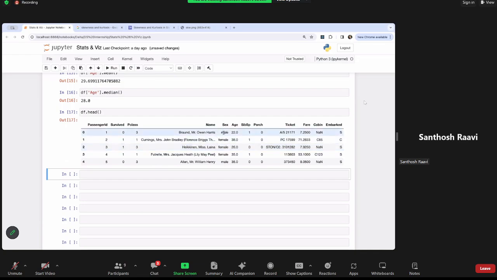Similarly here, sex is a categorical value, you are having the alphabets. So you can't find the distribution for these alphabetical values, but for the numerical values you can get the distributions, and you can calculate the mean, median, and everything.